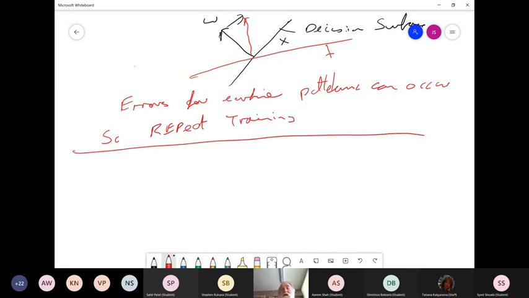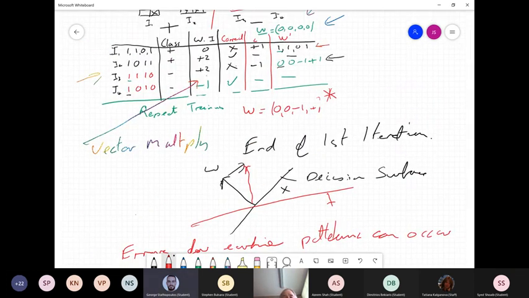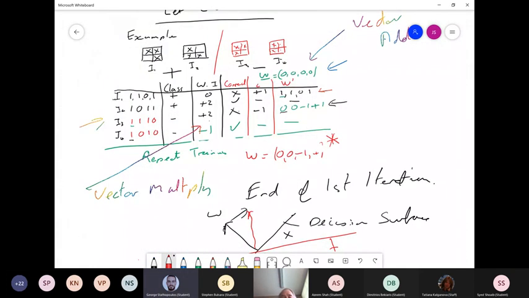Right. Second iteration. Let's start off with the training patterns, the I's. 1, 1, 0, 1. 0, 1. John, may I ask you something? We got confused on the last weight. When you did the vector add, why is the last one plus 1?